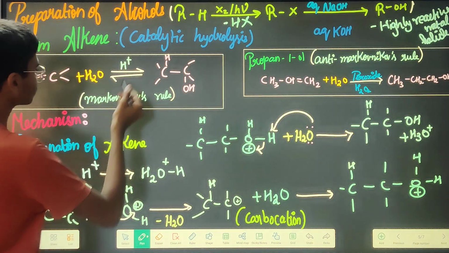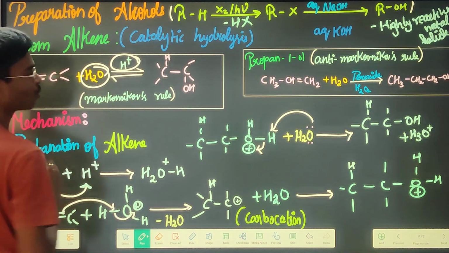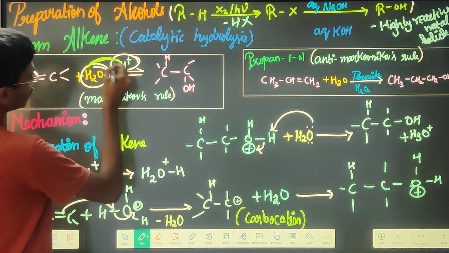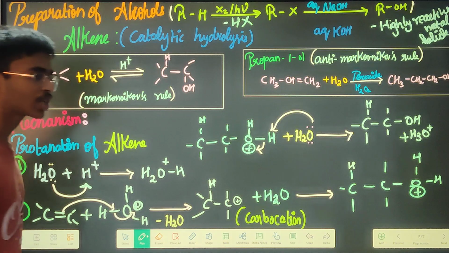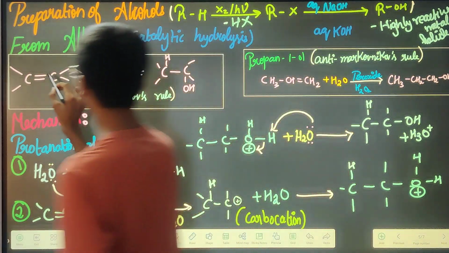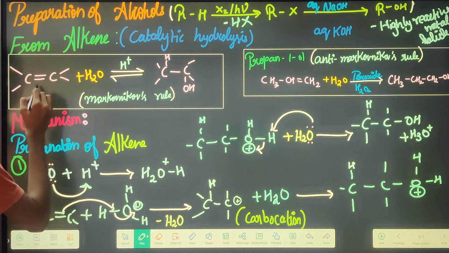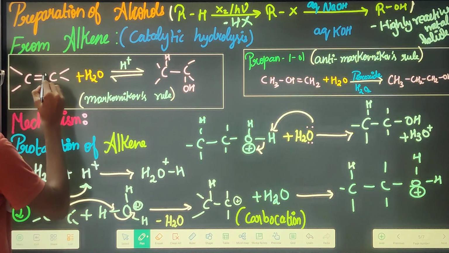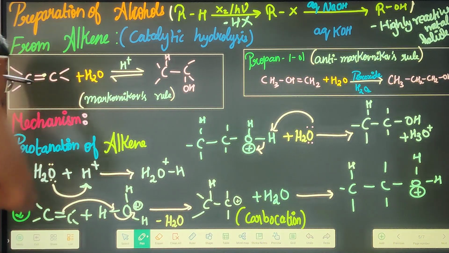Then, the one-liner. You have H plus and you have H2O. Now this will make a compound called H3O plus. That H3O plus is unstable and has a plus charge. Here you have electrons, totally 4 electrons, which means it is negative. So one electron from here will go to that H3O plus compound, which is positive in nature.